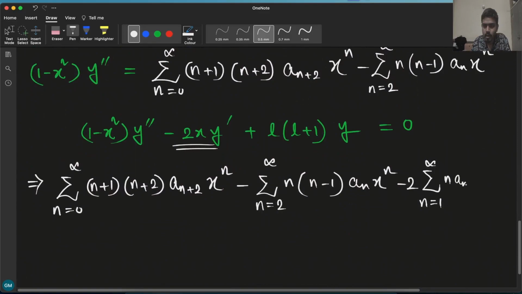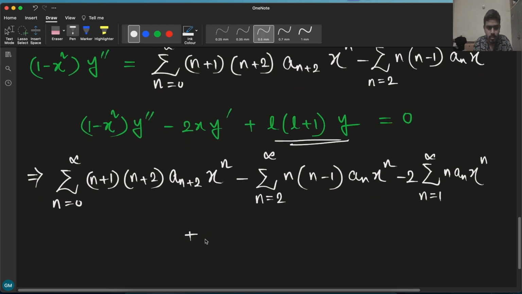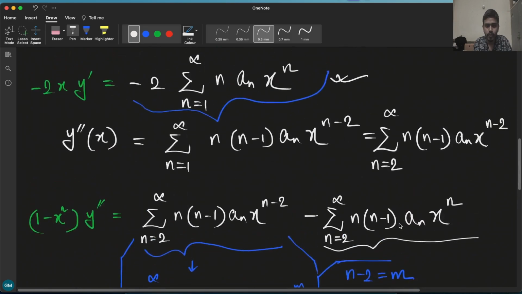Now let's write the third term, which is plus l into (l plus 1) times the sum over n equals 0 to infinity of a_n x to the power n, that's the y. All equals 0. So I wrote all these terms together.